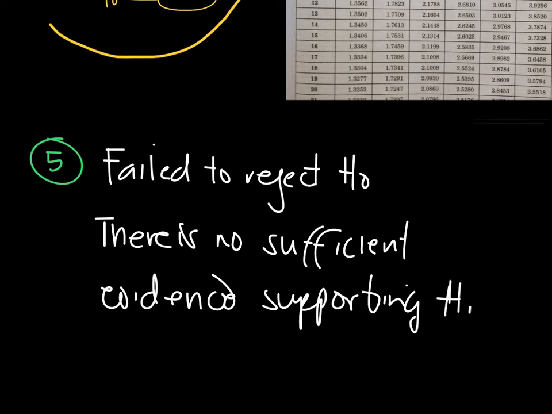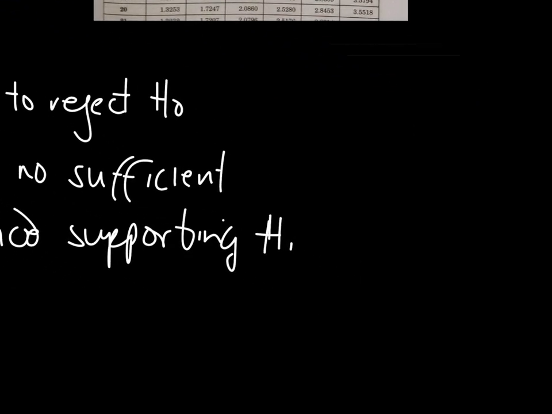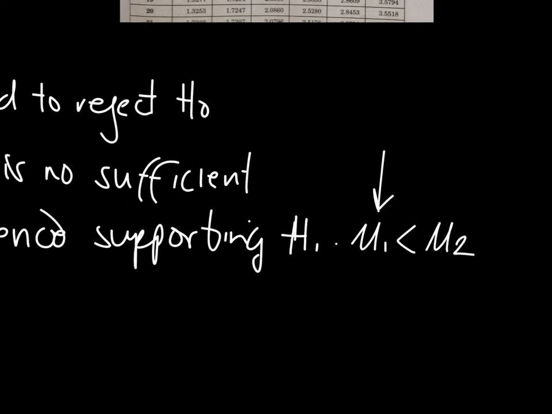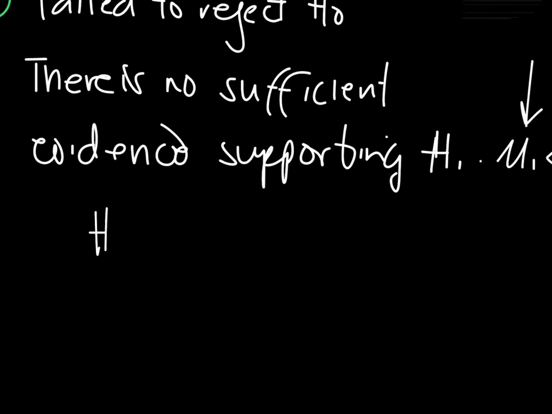That is, we were trying to support the claim that mu1 is less than mu2, and that is the one with the computer assisted program, the group under the computer assisted program should be able to set up the equipment faster. Okay, but there's no sufficient evidence, so we have to keep our H0, which is mu1 is equal to mu2.